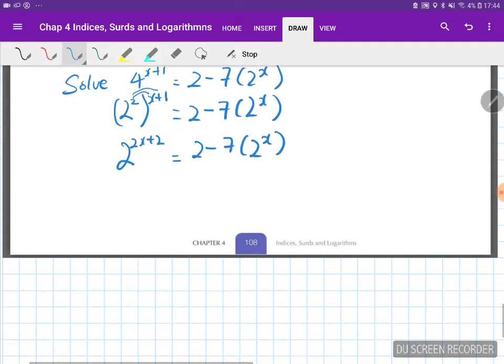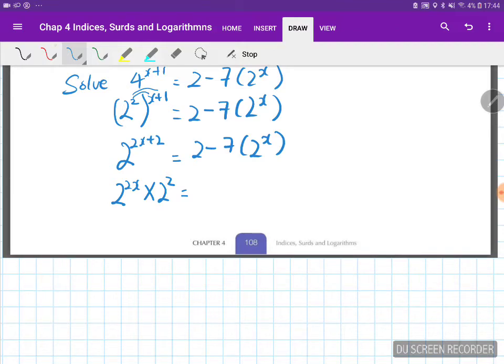Looking at this 2 to the power of 2x plus 2, there's something that you can do to it. What can you do to it? 2 to the power of 2x plus 2 is actually 2 to the power of 2x times 2 squared, right? Why?